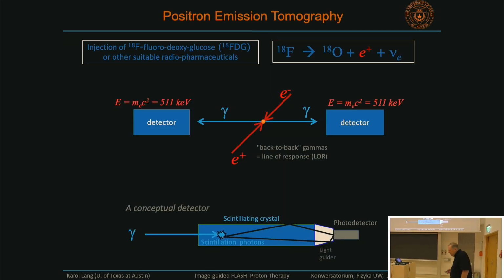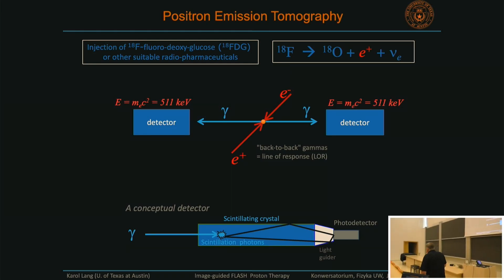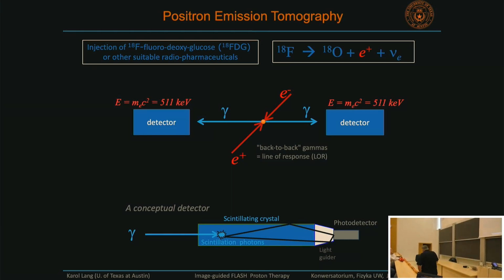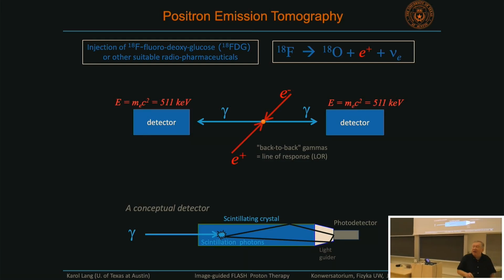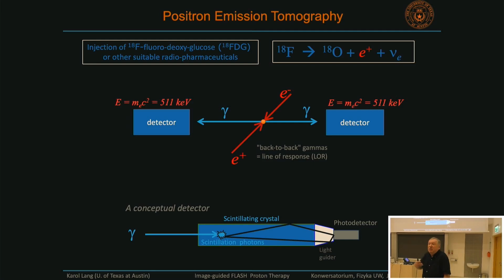So before I tell you about what we did, a brief reminder what positron emission tomography is all about. Forget about the beam, because that's not how positron emission tomography scanners were invented. They were invented by essentially looking at radiopharmaceuticals injected into a body. These were radiopharmaceuticals that are beta plus emitters, in other words, positron emitters.